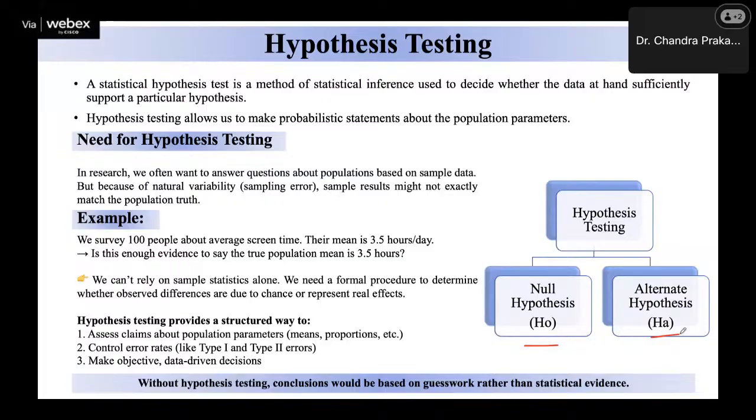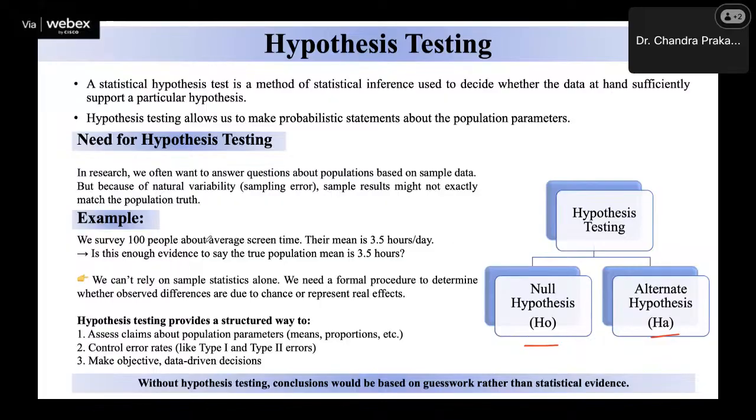We will consider some samples and then, based on that, we will try to infer. Now, it is very much possible that I have selected only a special case when I'm collecting the sample. So we need to cross-check it.